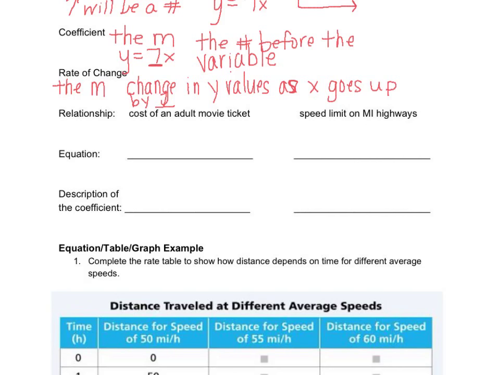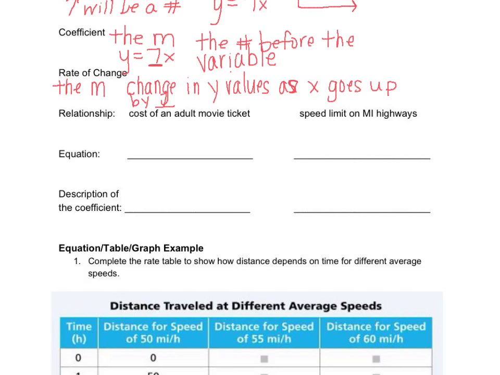So these next ones, we want to look at a couple different relationships. The first relationship is the cost of an adult movie ticket, and then speed limit on the highways. And without any numbers in either of those relationships, you would be unable to make the equation. So I am giving you guys the equation in this example. It's nothing that you would be able to pick out with the information. So I just want to tell you kind of where I'm coming from.